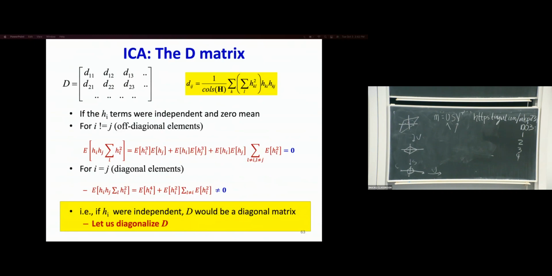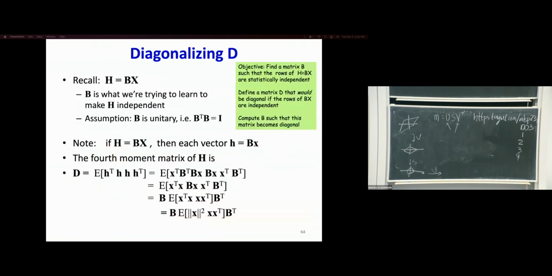Once you compute this D matrix, then you can diagonalize it with the eigen decomposition, right? So let's look at this. D can be written in this form. Remember we said that B is unitary, so when we do it here, this becomes I. So you get this, and then the B can be pulled out and you get this. Now look at this.